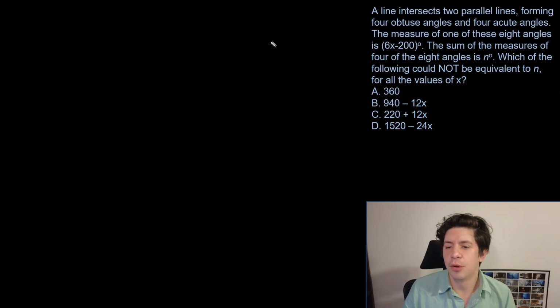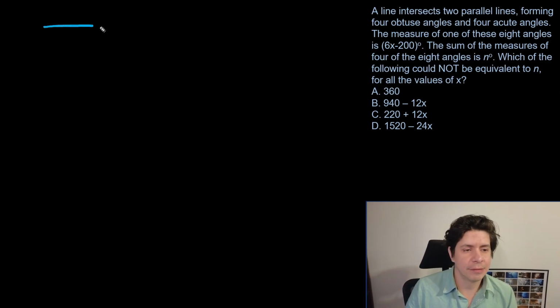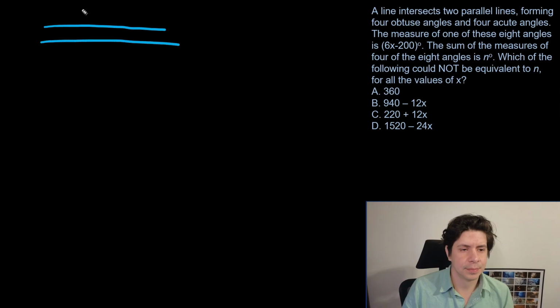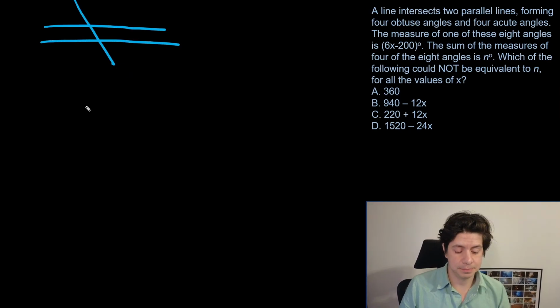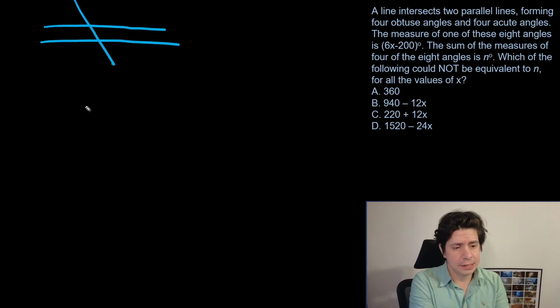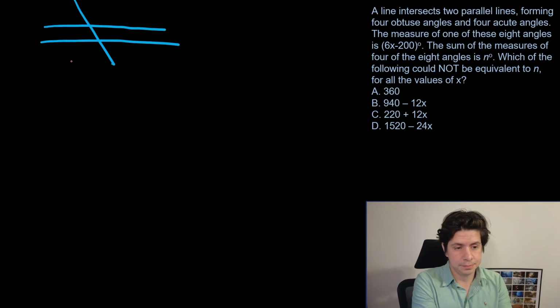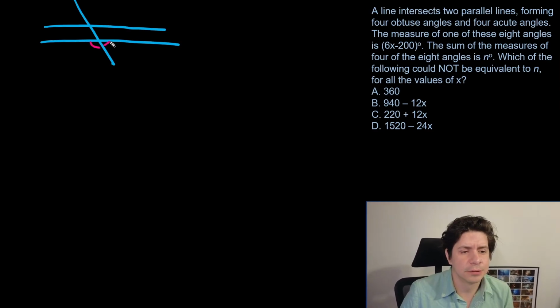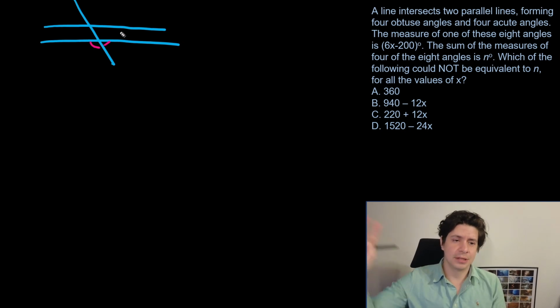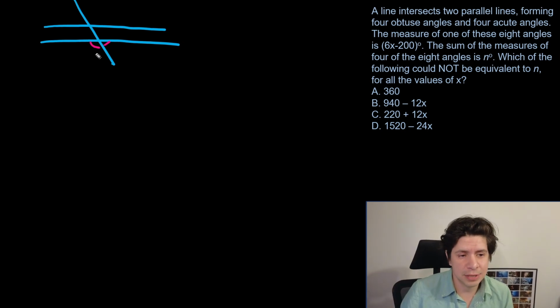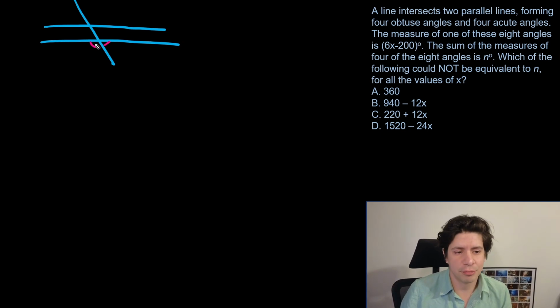Okay, so you want to think about how it would be drawn out. It's this situation, right? And in this world, we have an angle here and angles here, right? So there's two angles in this world. There's the obtuse angle and the acute angle. If they're equal, they're both right angles.